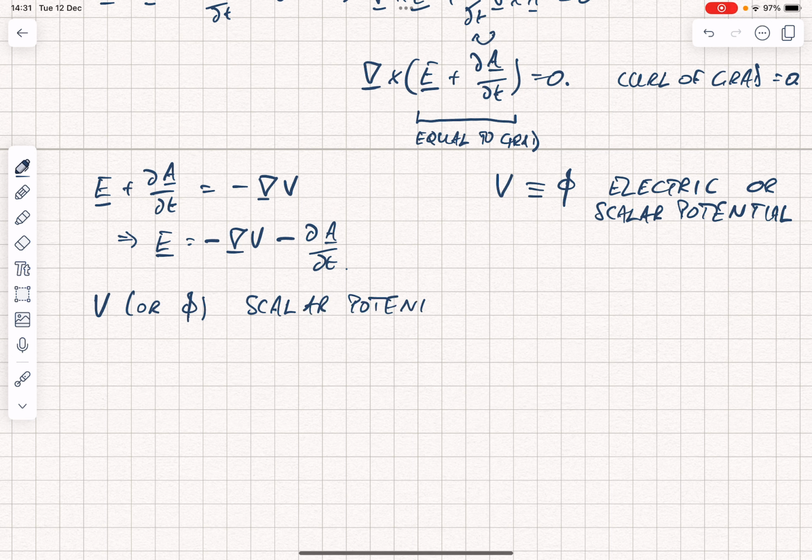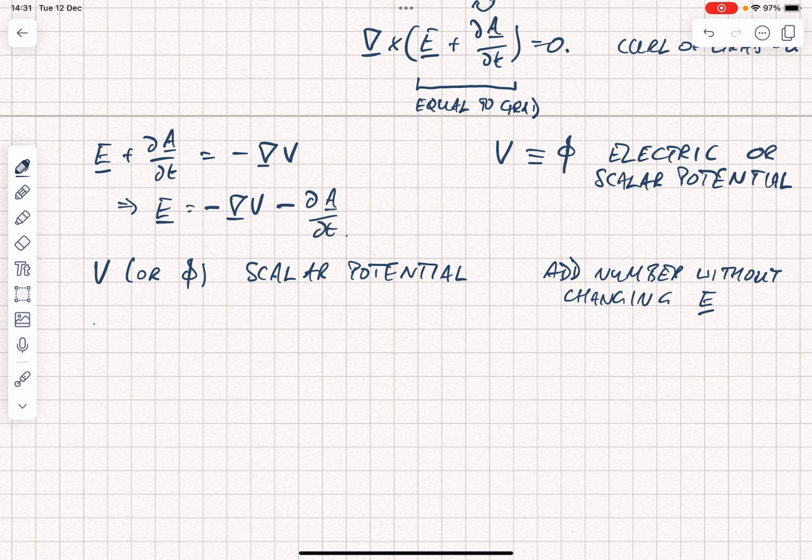And since E is written in terms of the gradient of phi, we are free to add any single number to it without changing E. In the same way, A we've defined as the vector potential, and we are free to add the gradient of a function f, where f is any kind of scalar function, without changing the B field.